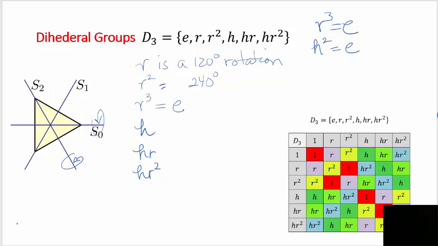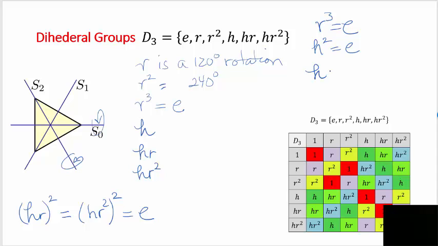Also, I'm going to write it down here because it's not really in the set of calculation rules, but hr squared is a flip and hr is another flip. So if you do them twice, they also give you the identity. But as far as a set of calculation rules, r cubed equals e, h squared equals e is almost sufficient.